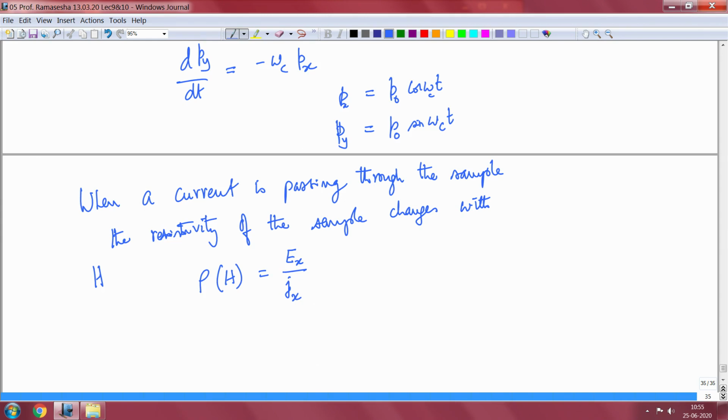And this resistivity dependence on magnetic field is known as the magnetoresistance.